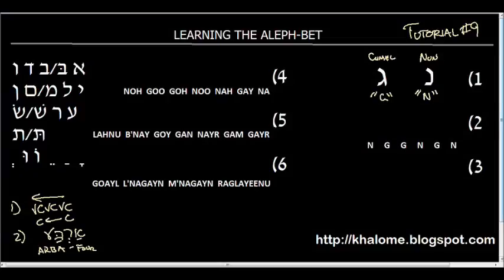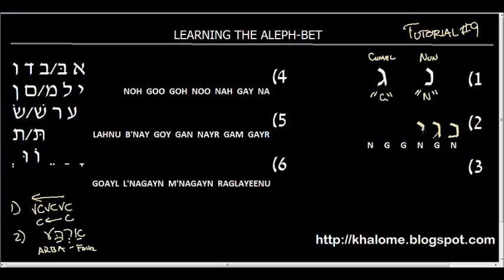Okay, so now for practicing these in the block script, you can see that they look very similar, the Nun and the Gimel. The way I recommend is you start each out like you're writing a Vav. Make your Vav, and then for a Nun, just bring a horizontal line across. For the Gimel, you'll make a Vav, and you put this little foot, or whatever you want to think of that as, a toe or a foot, like that.